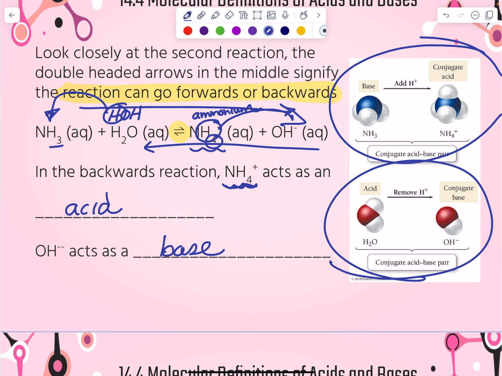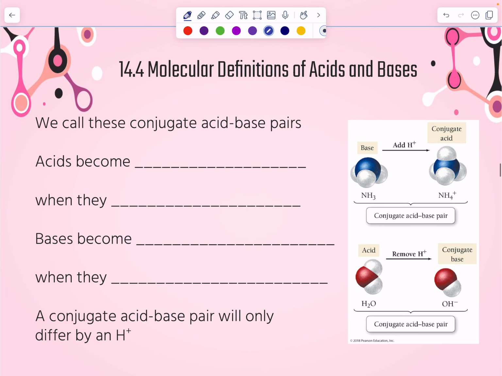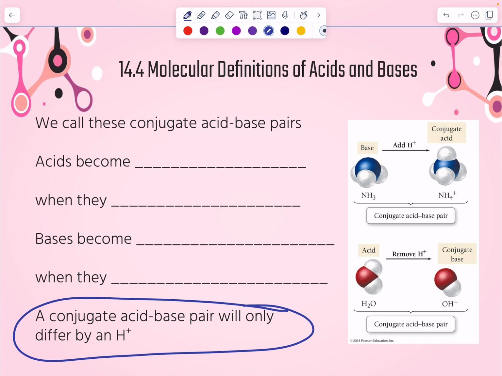And down there. And we have labeled them a conjugate acid-base pair. A conjugate acid-base pair will only differ by an H+. So how do I know if I have a conjugate acid-base pair? Well, acids will become conjugate bases when what do acids do? When they donate a hydrogen. So when they lose a hydrogen.